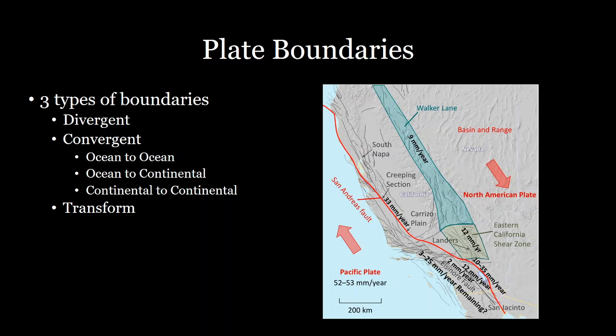And so the end result is that you have a relatively wide plate boundary, where the plate moves faster than just the fault itself.